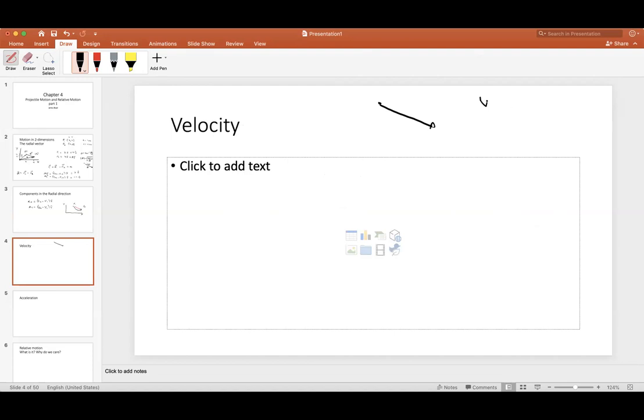The average is exactly the vector that points in the same direction as the path of r, right? So V average is actually R2 minus R1 over the change in time. And we know the change in time was 1 second, and we know what this was. We just found that. This is R over 1 second, right?